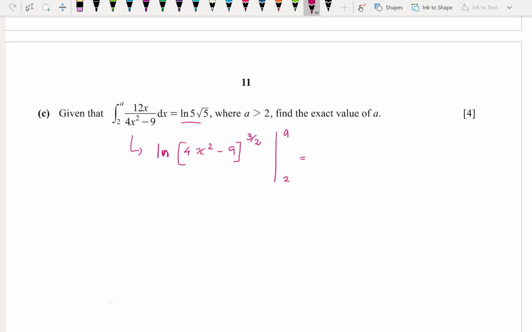So let's substitute it, Amrita. It's going to be ln 4a square minus 9 to the power 3 by 2 minus ln. Substitute 2 inside this, Amrita. So it's going to be 4 into 2 square minus 9. So that will be 16 minus 9, 7, right?